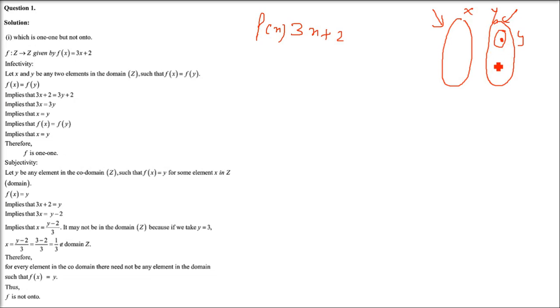Every y should have a value which is the image in the previous set. So f(x) equals y; that means every y has to have a pre-image.